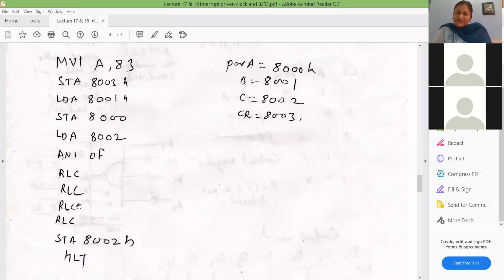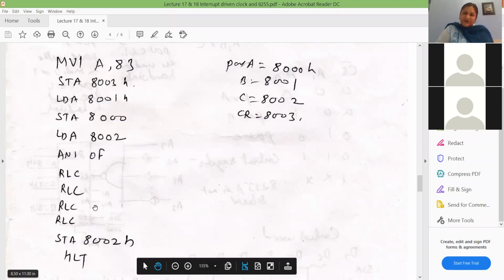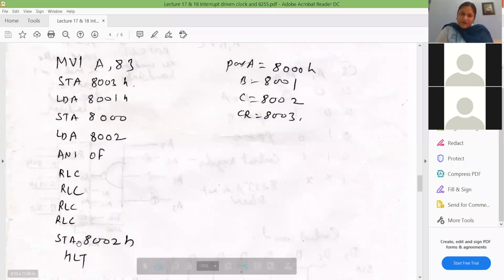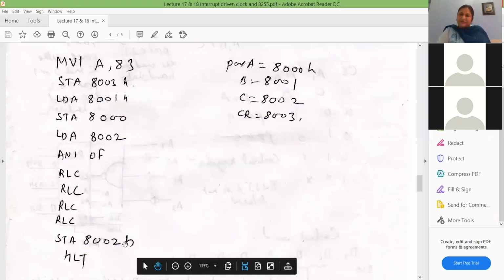So that your PC0 data will come into PC4. Understood? If I rotate once, it will come to PC1. If I rotate twice, it will come to PC2. If I rotate thrice, it will come to PC3. But I want it in PC4, so I have to rotate 4 times. So whatever my switch status is, accordingly the LED will glow on port C upper. After rotating, I have to put it on port C upper so that the corresponding LEDs will glow.